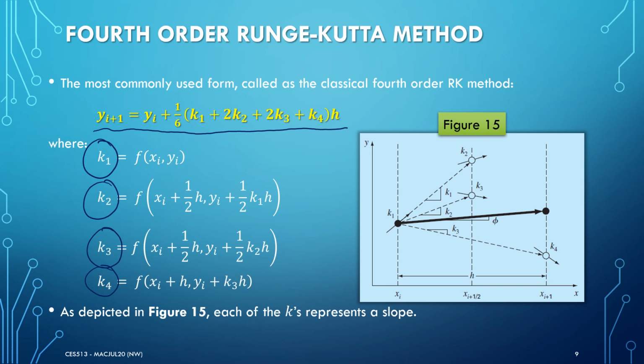So each k is actually a slope. The general equation represents a weighted average of these slopes to arrive at the improved slope, which is the summation of k1, k2, k3, and k4 multiplied by 1 over 6.